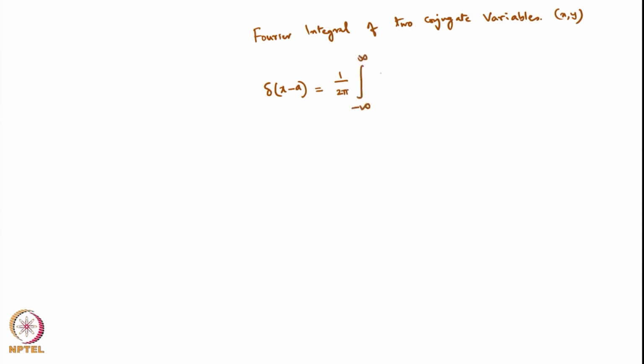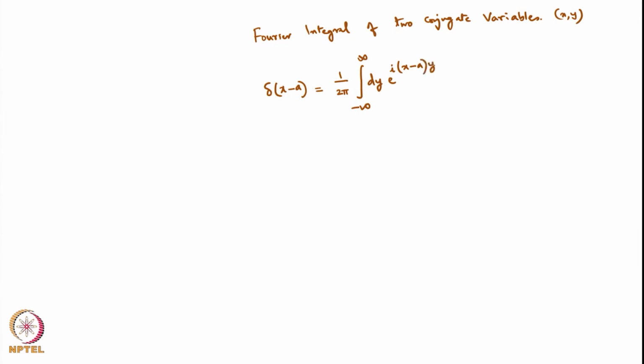Now, one can write a Fourier integral of two conjugate variables, let us say x comma y, in such a way that delta of x minus a equals 1 over 2 pi integral from minus infinity to plus infinity dy e to the power of i (x minus a) y.